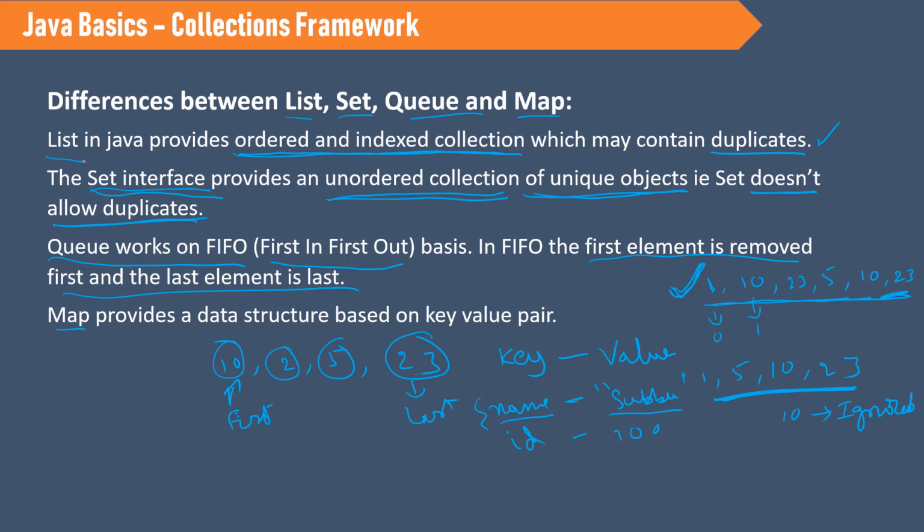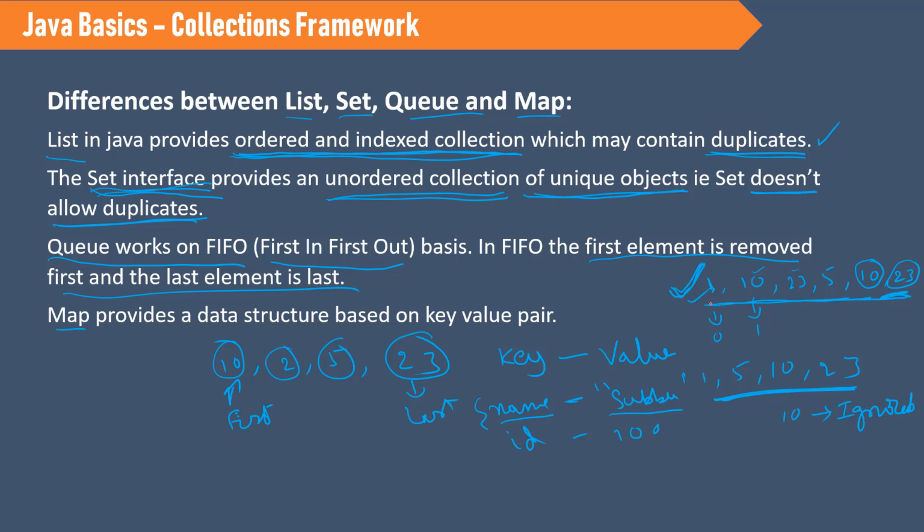List provides an ordered and indexed collection and it allows duplicates. The order will be maintained in a list. Let's say we are adding 1, 10, 23, 5. It maintains this order and we can add duplicate elements again, like 10 and 23. Set interface provides an unordered collection.